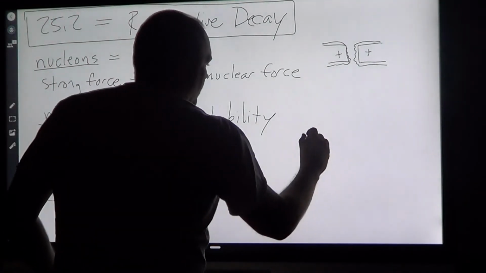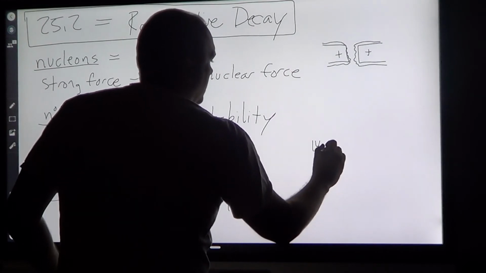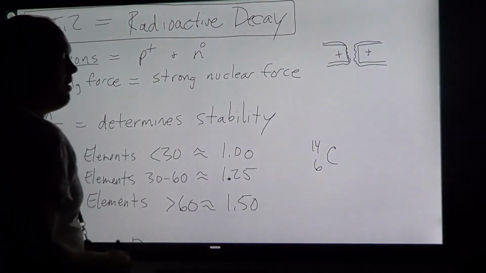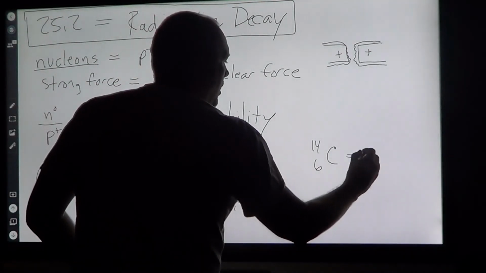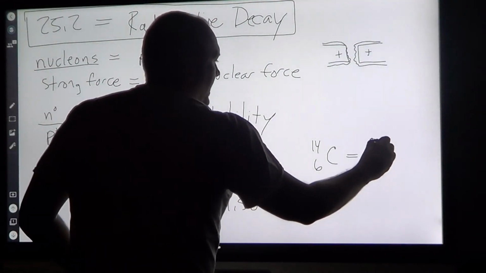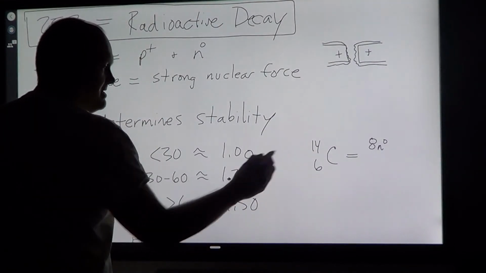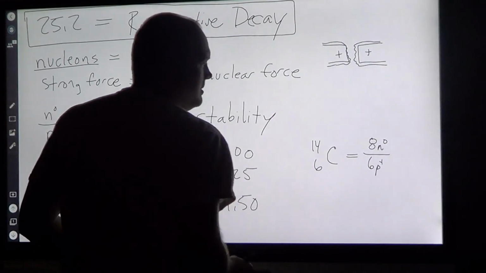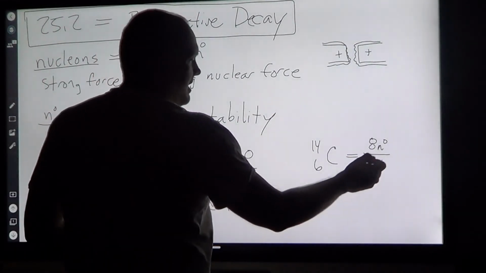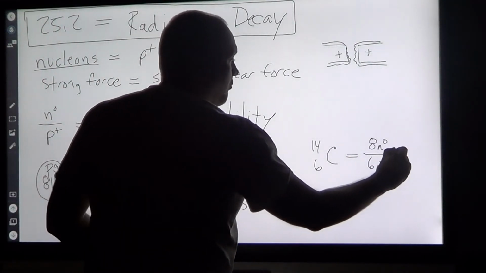Really quickly, that's what a carbon-14 atom looks like. If we calculate the neutron to proton ratio, which is 8 neutrons, 14 minus 6, and 6 protons, we get 8 over 6, which is 4/3.